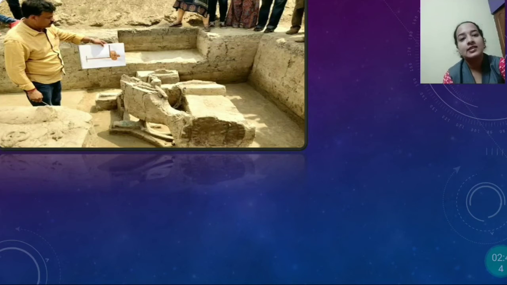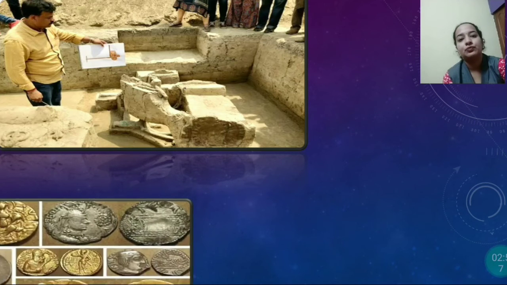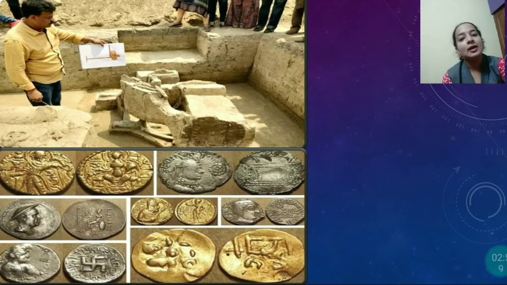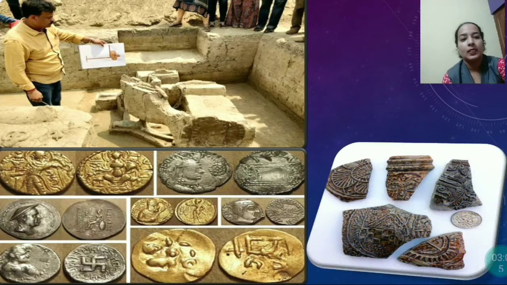This is the excavation site. Such statues and other things are found under the ground while they are digging or building a foundation. Many types of coins are also found while they are digging. And shards of pottery.